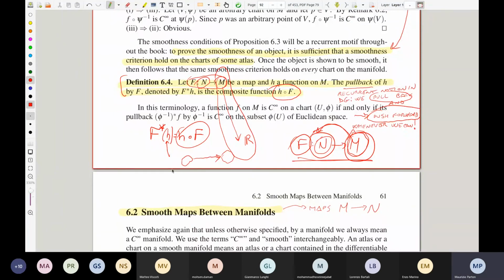I mean, you have a question with the terminology. Okay, so you can tell me later. But this is the arrow, and I'm pulling back from M to N. But anyway, just the terminology.